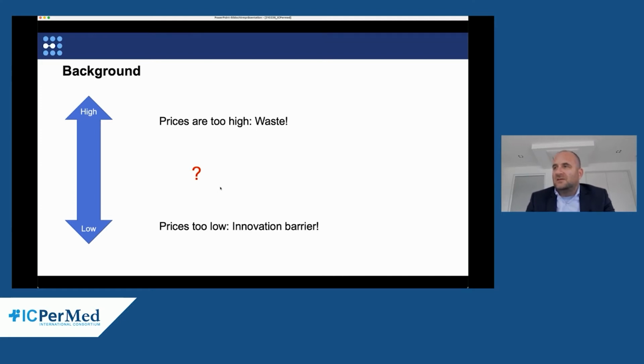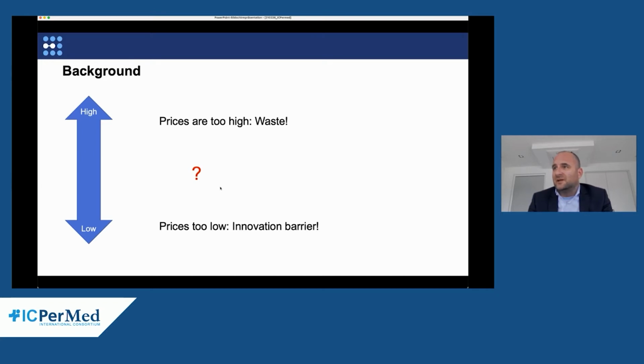So if the prices are too high, money, resources, and the time of people necessary is just being wasted because we spend it at the wrong place. If the prices are too low, we pretty much just build innovation barriers. If prices are too low, nobody is going to invest time, resources, and money in the development of certain drugs, compounds, etc. And we got very close to this argument while we discussed the COVID-19 vaccines.